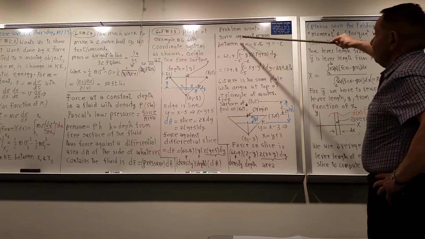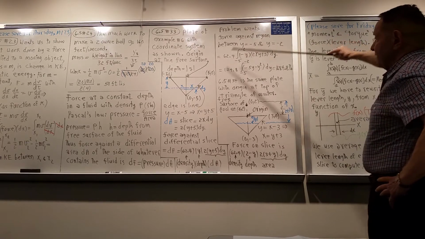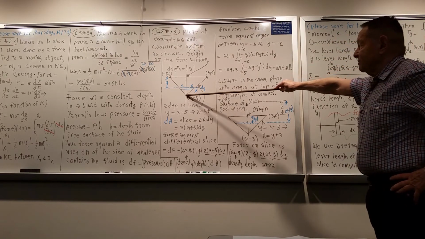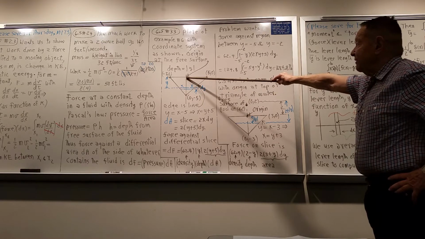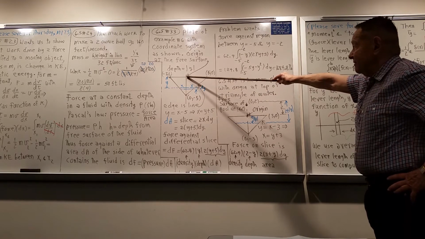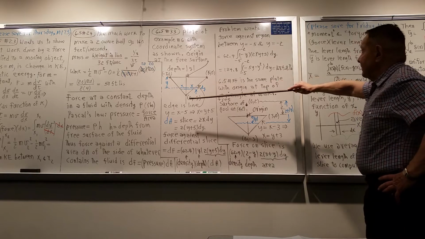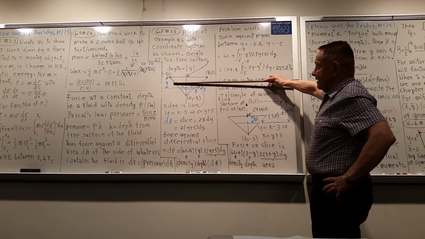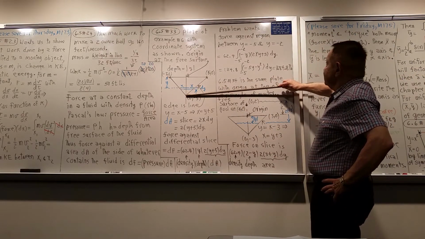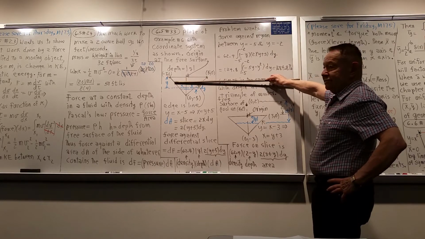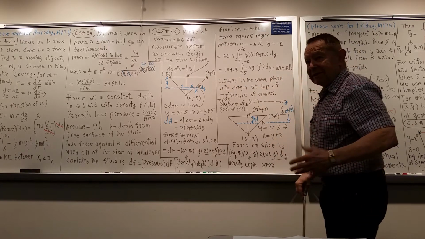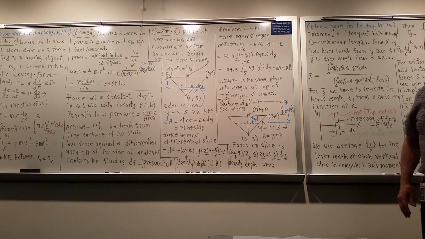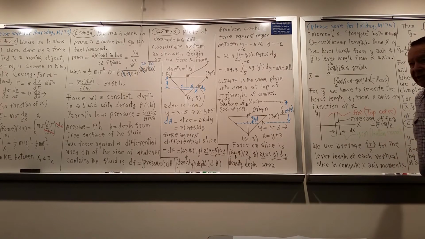So the force against this region is between y equals minus 5 and y equals minus 2. They want the force against the part from minus 5 up to minus 2, because of the way the problem is worded, so it isn't the whole thing up to the surface.